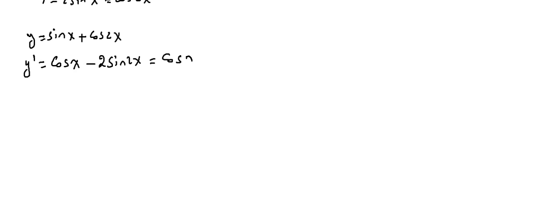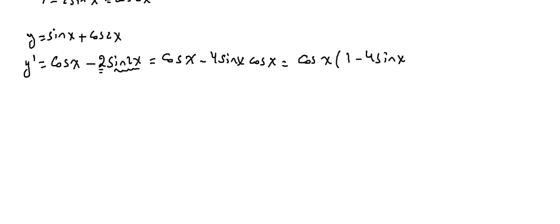So it's cosine x minus 2, we leave the 2, and this is 2 sine x cosine x times 2. It's 4 sine x cosine x. We take cosine x common, into 1 minus 4 sine x, and by taking this derivative equal to 0, we have either cosine x equal to 0.